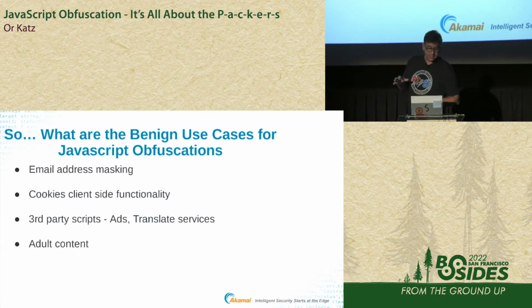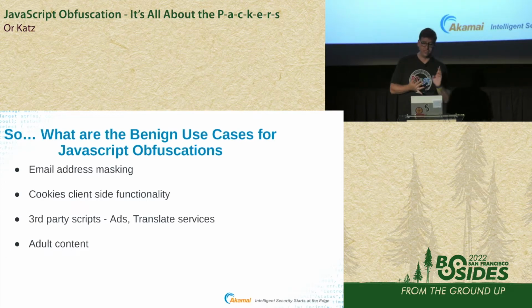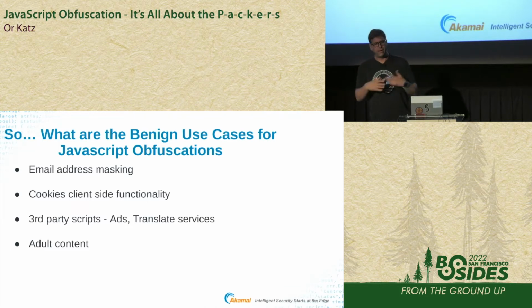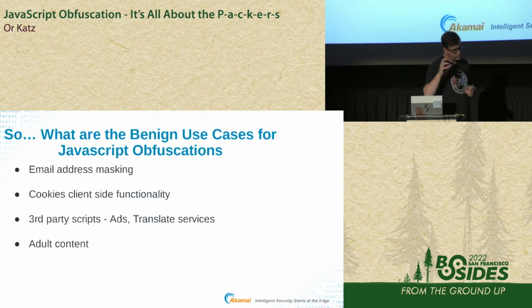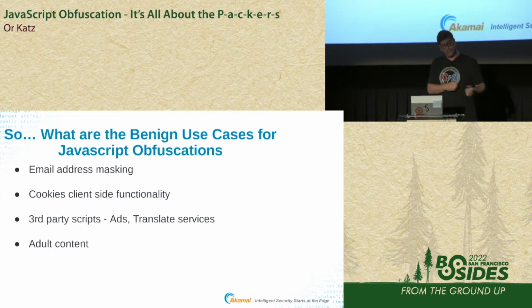A lot of examples are third-party scripts, such as advertisements and translation services, that use obfuscation. And what's the reason for that? Try to imagine that you have a website, and that website consumes a third-party script that provides some sort of translation service functionality on your website.